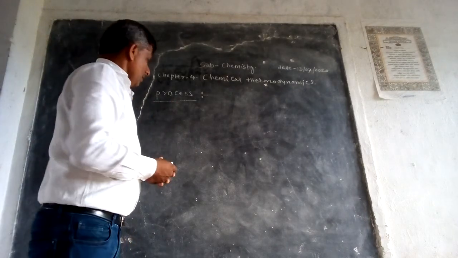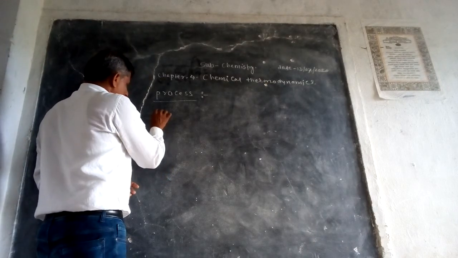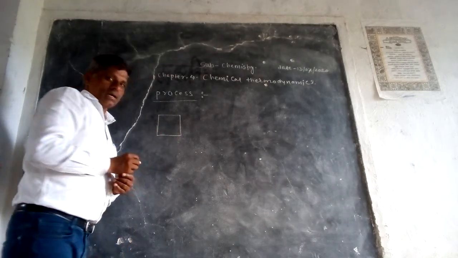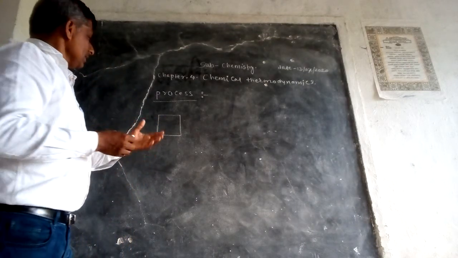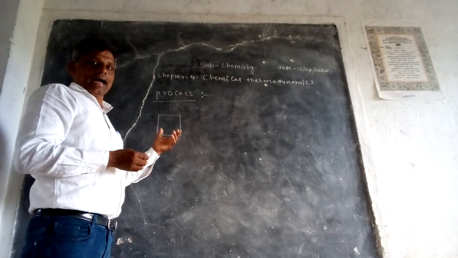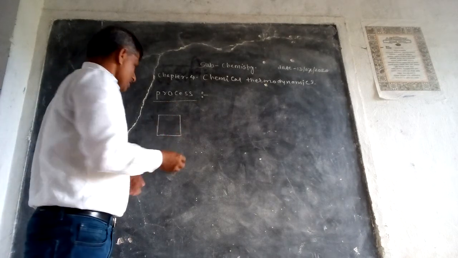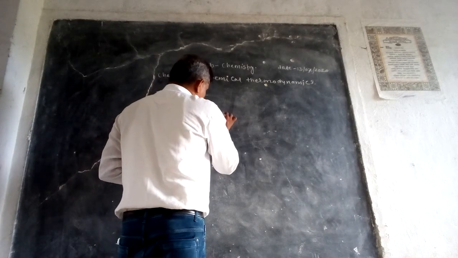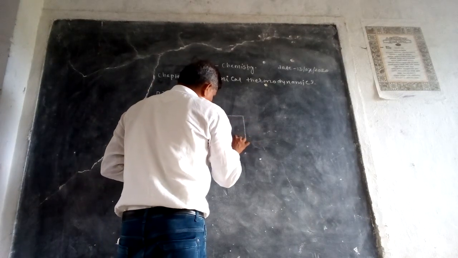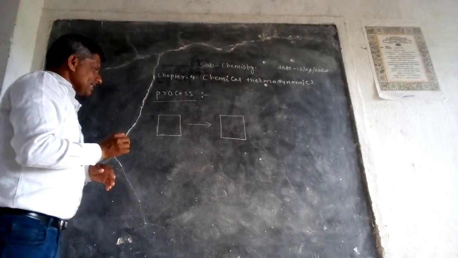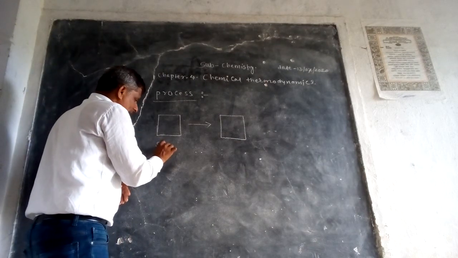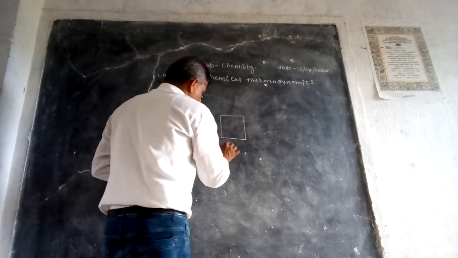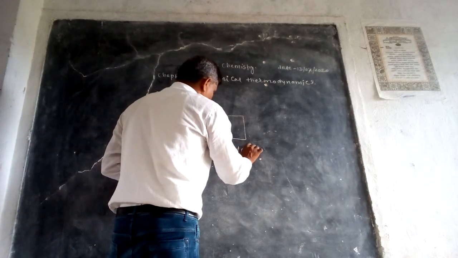You know that up to this point we have learned this is the system. We also have learned the state of the system and change in the state of the system. This system is changing from one state to another state. We can say that this system is present in state 1 and it changes to state 2.